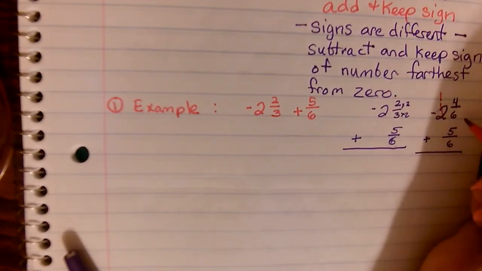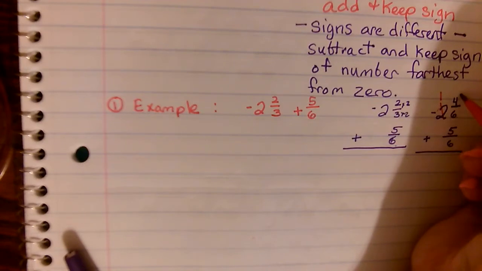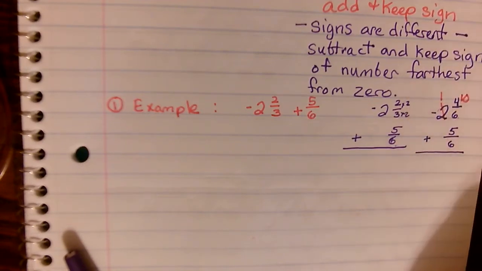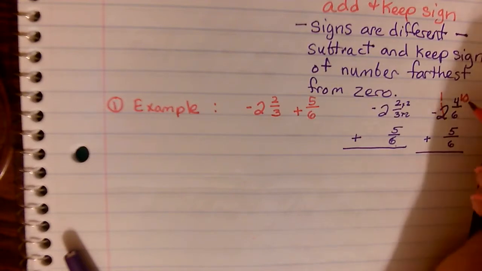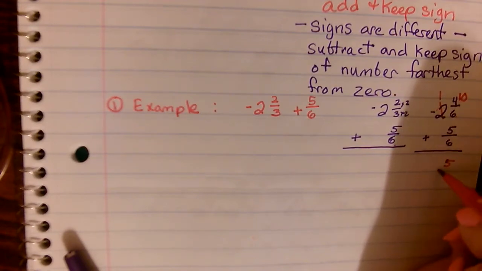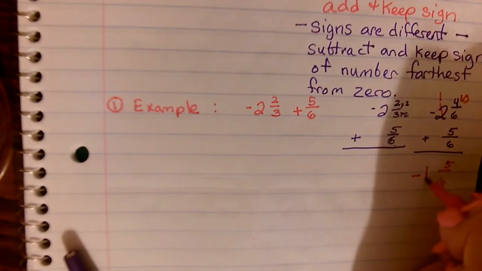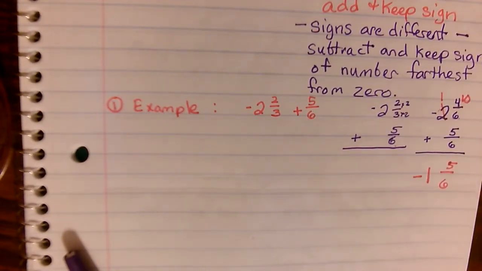If I borrow from here, I'm borrowing 1, or 6/6, which becomes 10/6. 4/6 plus 6/6 is 10/6. So now 10 minus 5 is 5. Bring down my 6 and bring down my -1. That's one way to do it.